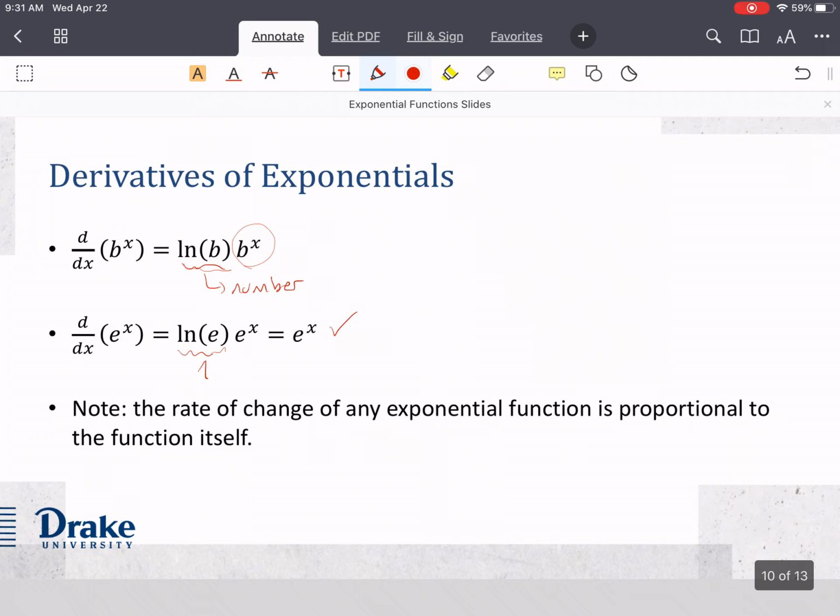One thing to note here is the rate of change, or the derivative, of any exponential function is proportional to the function itself, because you're multiplying by this ln, and that makes it proportional. So the rate of change of an exponential function is always proportional to the function itself.